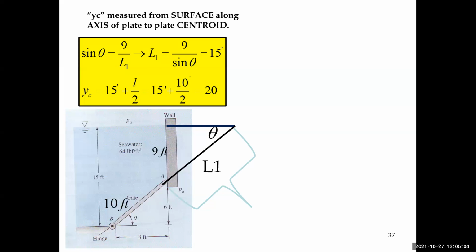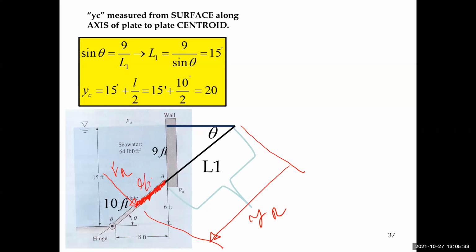So I know that to find the value of y sub r, this is F sub r, that this distance here is the value of y sub r. So I know the distance from A to the centroid. I know that this distance here is equal to L over 2.